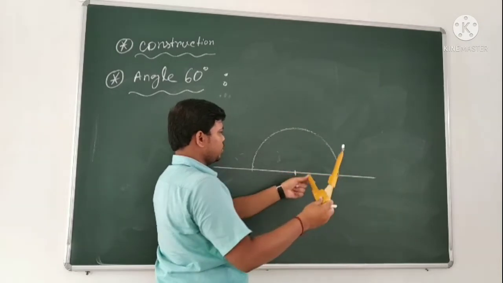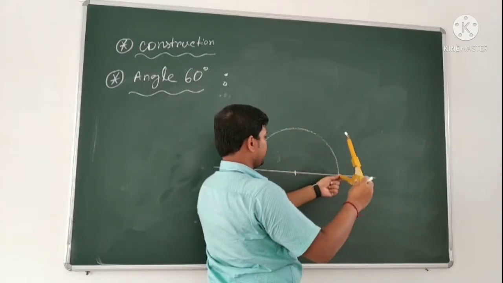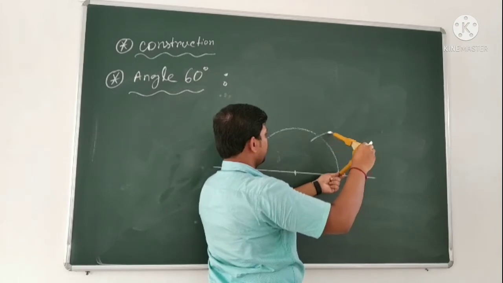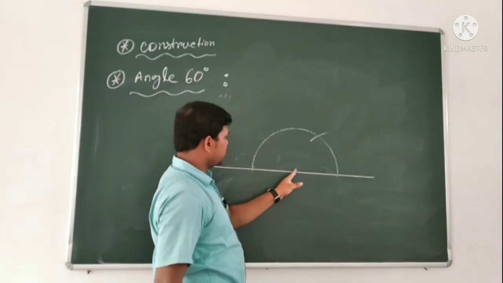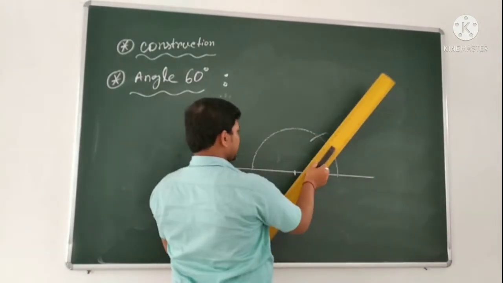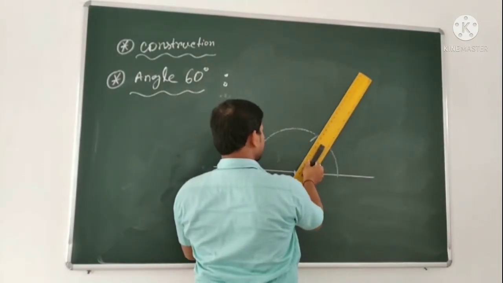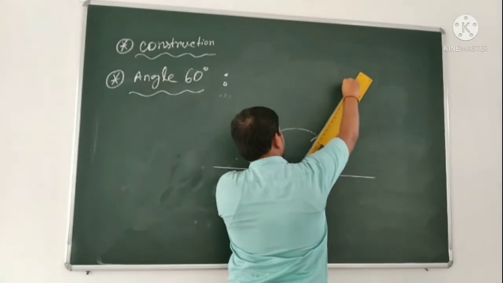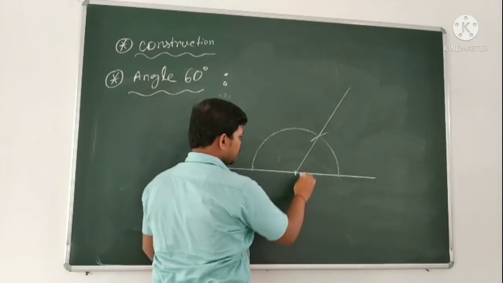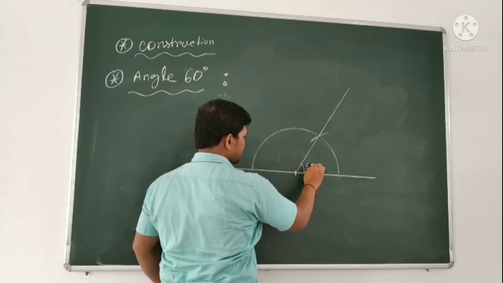With the same arc length draw here. If I connect this point and this point, then this will be a 60-degree angle.